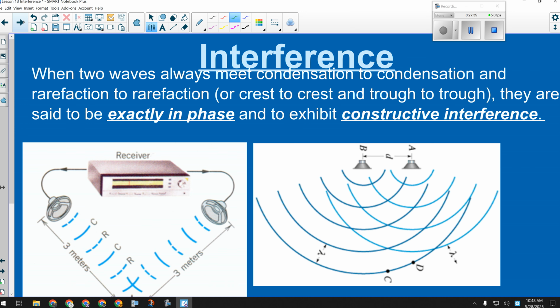So this in phase is a term we're going to use a fair amount here. This is an application that we see quite often if you're looking at professionally installed home theater systems, fancy movie theaters with the incredible sound systems.